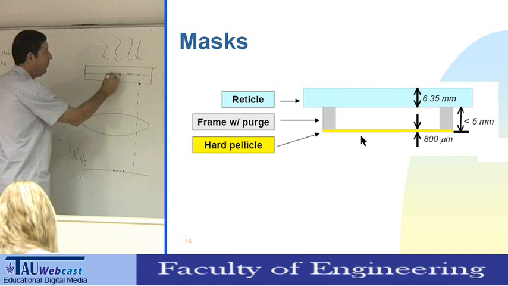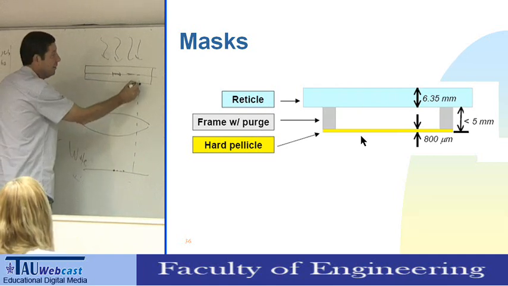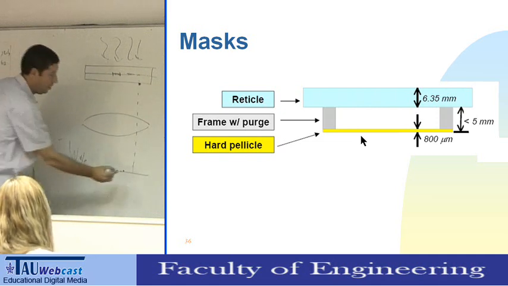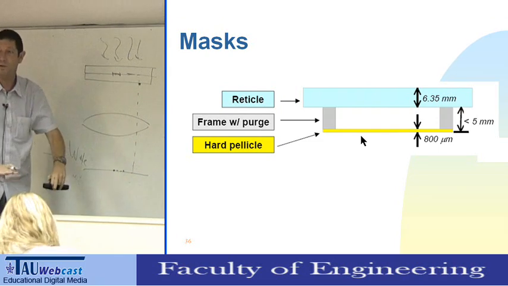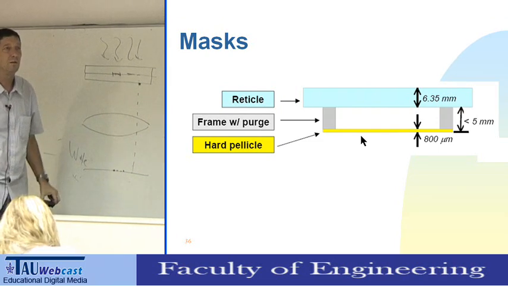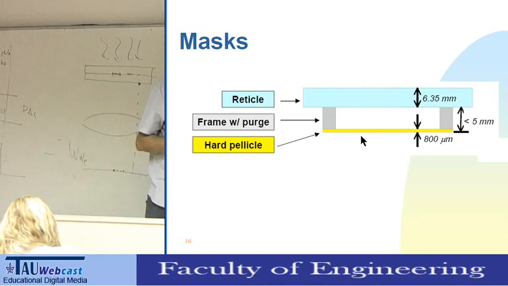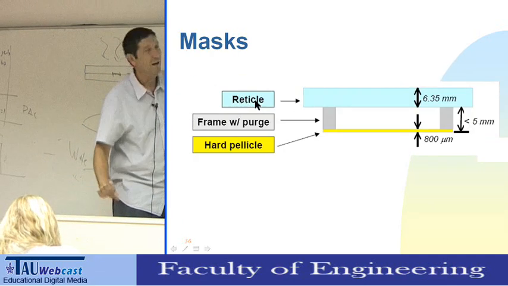But if the focus of the mask is here, the focus for this little particle will be somewhere else. So on the substrate, the image will be diffused. So the intensity is much lower, so we don't print it. So this is called a pellicle. But we have to be careful how we make the pellicle.